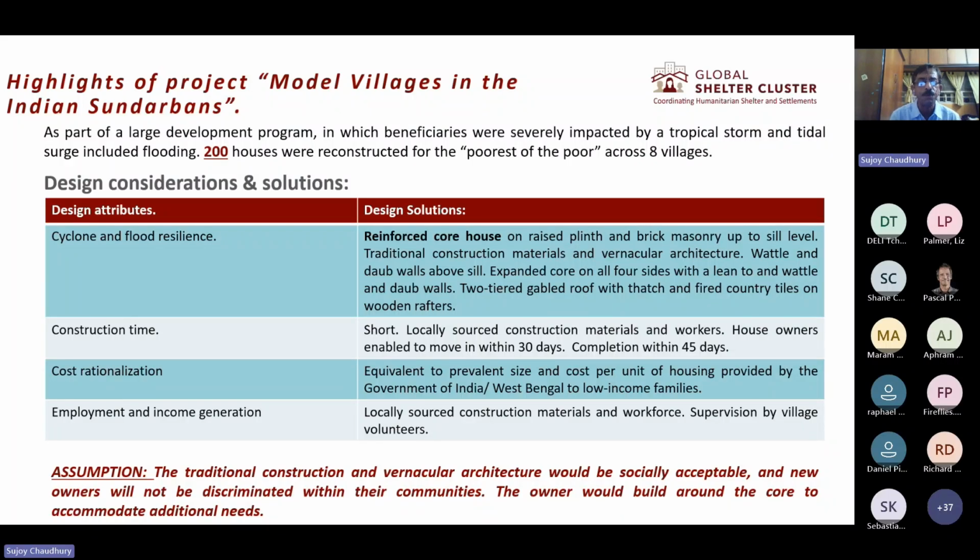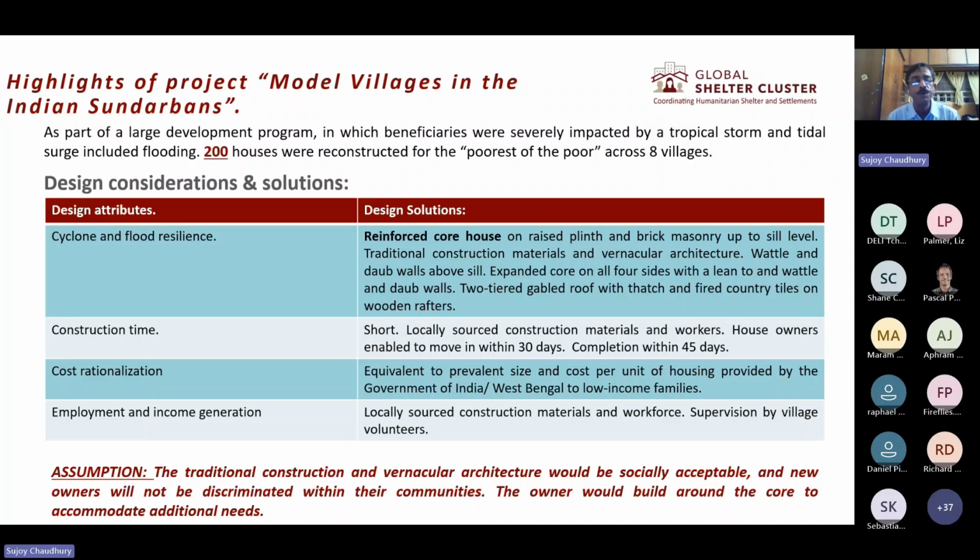The core thing about these houses was that they would have to be cyclone and flood resilient. And of course, the construction time should not be very long. Cost rationalization, yes, relevant to government rates and local employment.